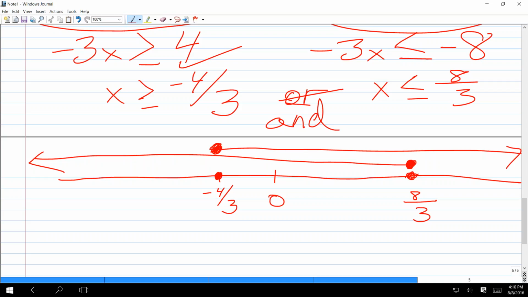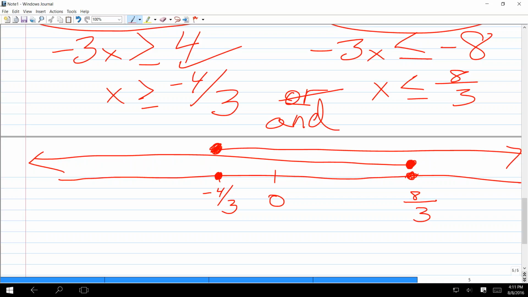Notice the distinction between or and and. When it was or, it was only the numbers between 8/3 and minus 4/3. But the moment I say and, that opens up the entire set of real numbers, because X is less than or equal to 8/3 and greater than or equal to minus 4/3.